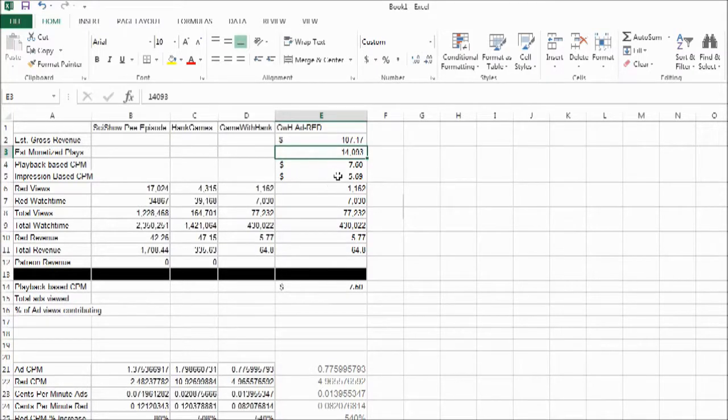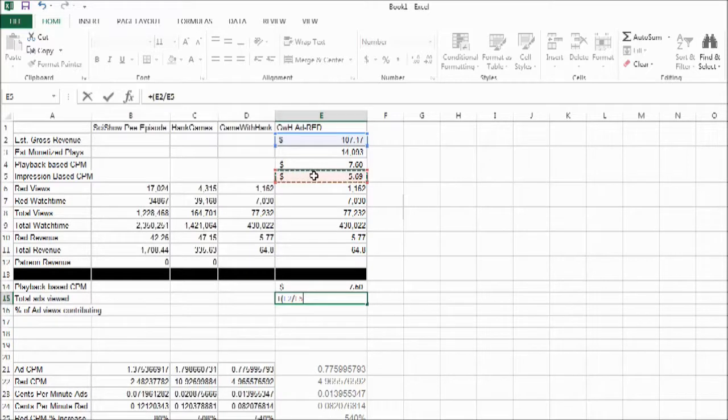So in order to figure that out, we are going to see how many ads were viewed. We're going to go ahead and take the gross revenue, and we are going to divide it by the impression-based CPM, and then multiply it by 1,000.